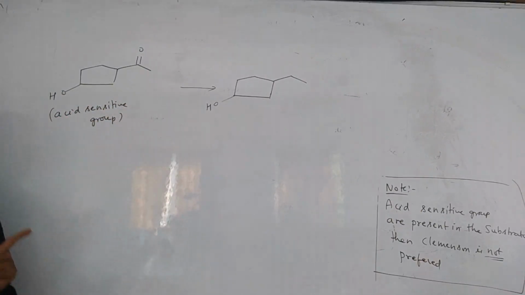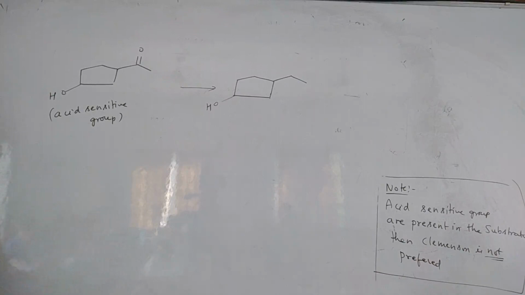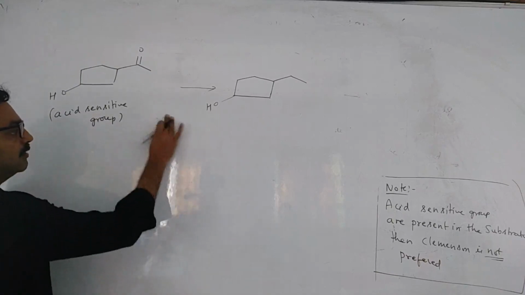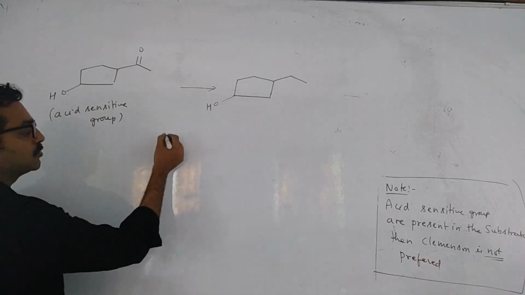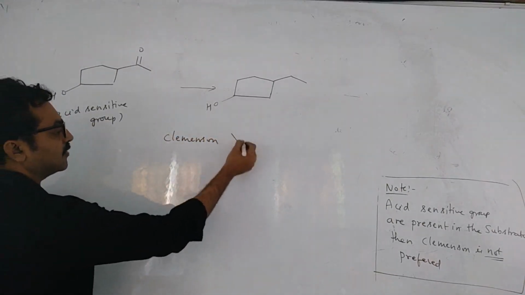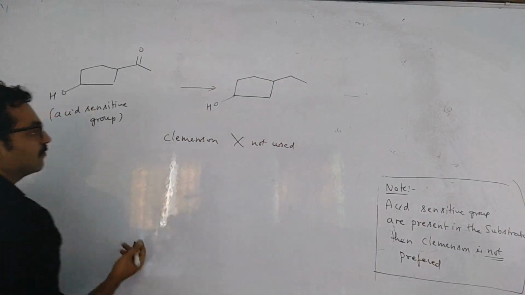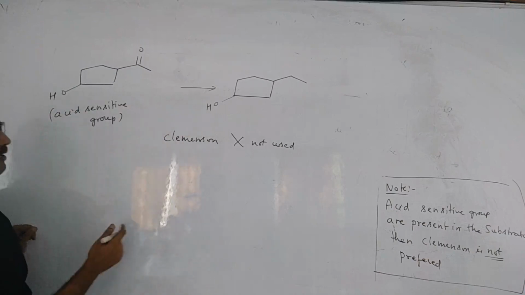Then can we use Clemmensen reduction here? In this we should not use Clemmensen, because this group will be converted.